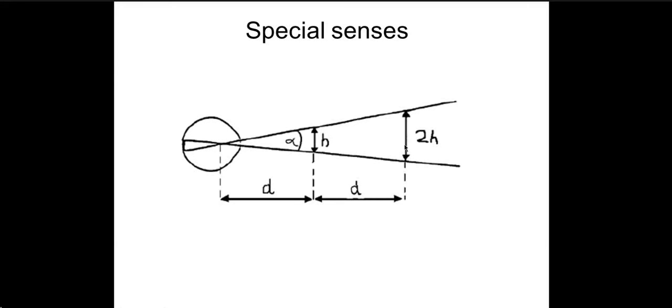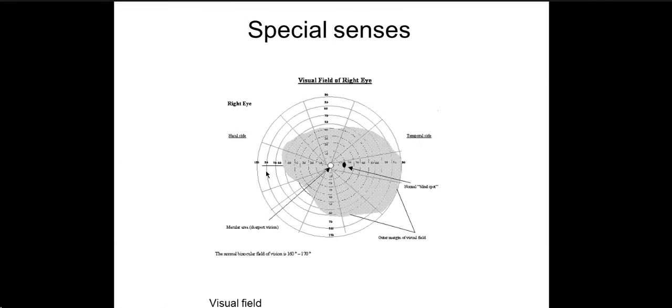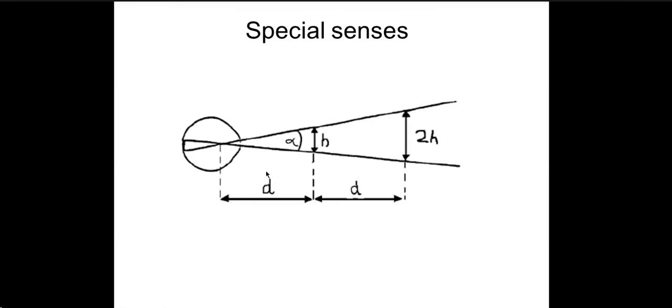But in both cases, from 60 meters the letter makes a 5-degree angle, and from 6 meters the letter is again making a 5-degree angle. Am I clear to you all? Yes, no?